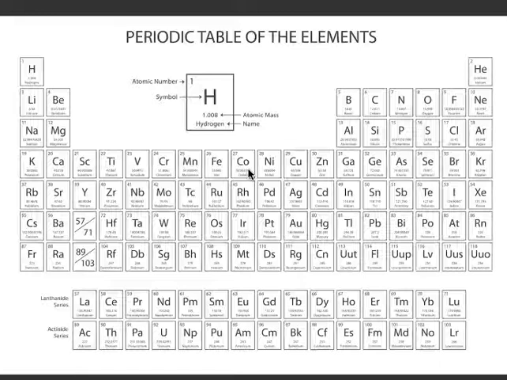The first thing that I really would like you guys to memorize, though, is that there are a few elements that actually need a buddy. In other words, they can't just exist at normal temperatures and pressures as a single monatomic element. What they have to do instead is become what's called a diatomic element.